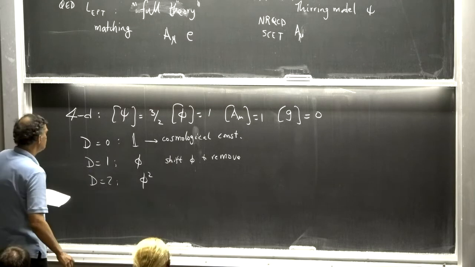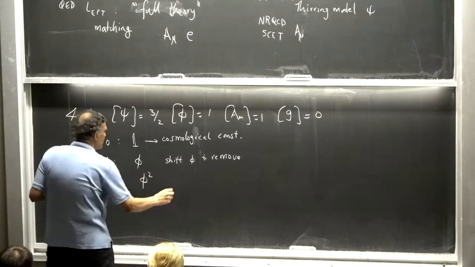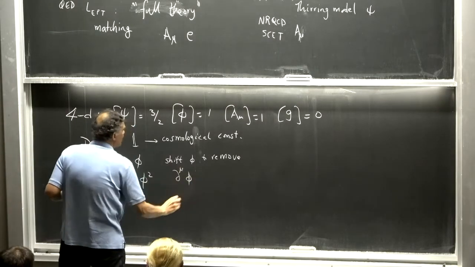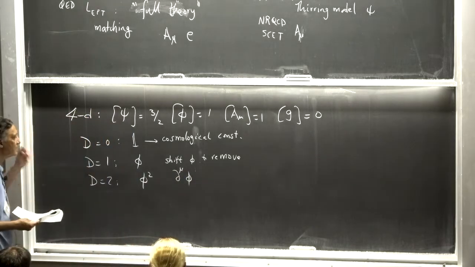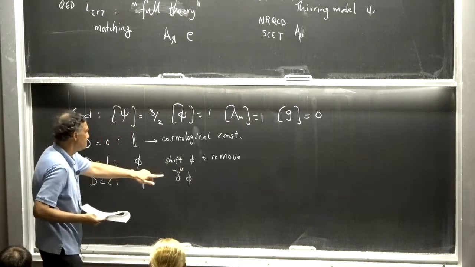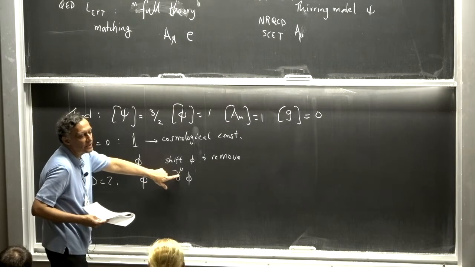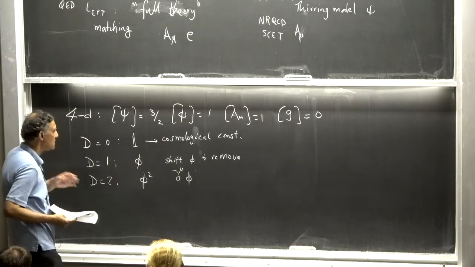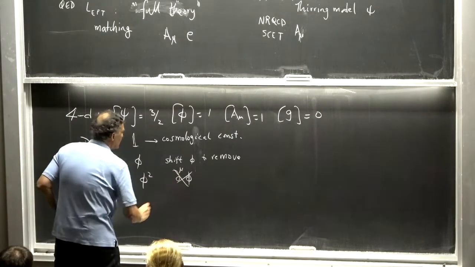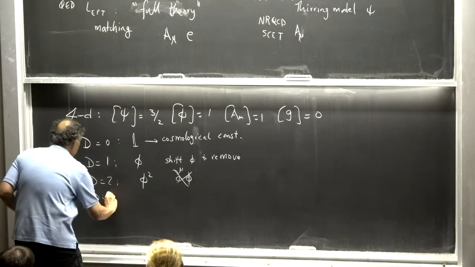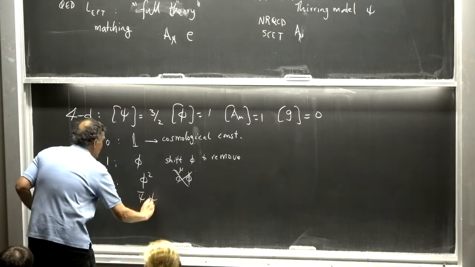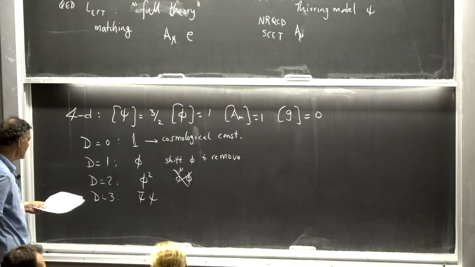And then you might try something like d_mu phi, but we're going to do a relativistic theory where this is not allowed by Lorentz invariance. So this isn't allowed in the action. Then you go to dimension 3, and you have a fermion mass term, psi bar psi.